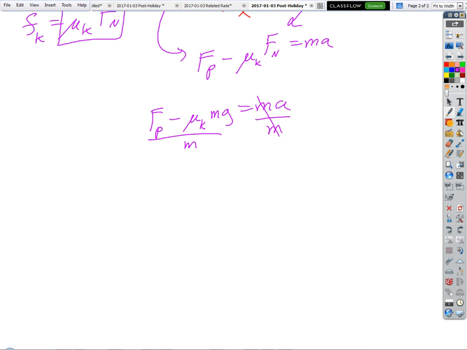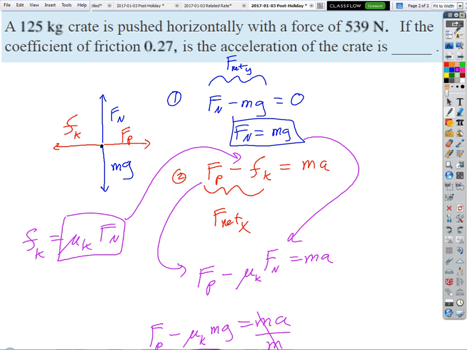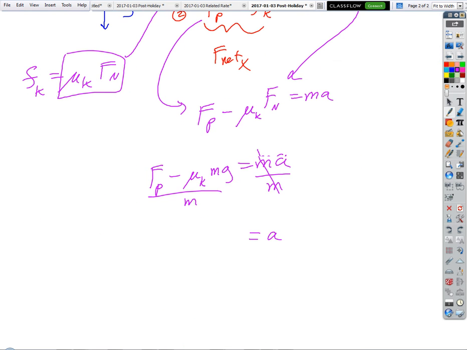Okay, and we end up with a equals, what do we have here? What are the numbers? Somebody write these down real quick so I don't forget them. The mass is 125, mu is 0.27, and the push force is 539.